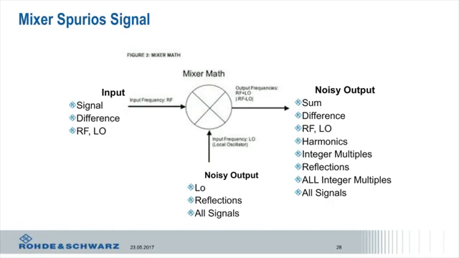I get 2 times, 3 times, 4 times, all the harmonic terms of all these things, and then integer multiples of these things and differences. So designing a receiver, one of the most challenging parts is figuring out all these frequencies and making sure they don't get in the way when I get down to an A to D and process this signal. This can be very challenging, particularly in cases where you sometimes have more than one mixer, because this can happen multiple times.